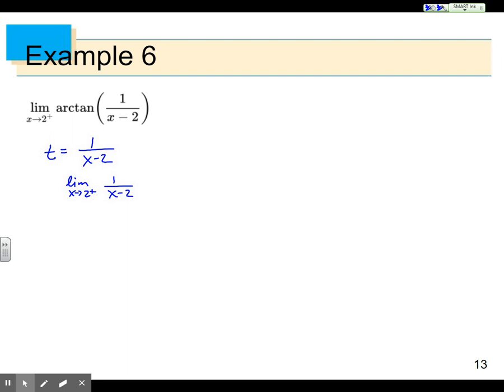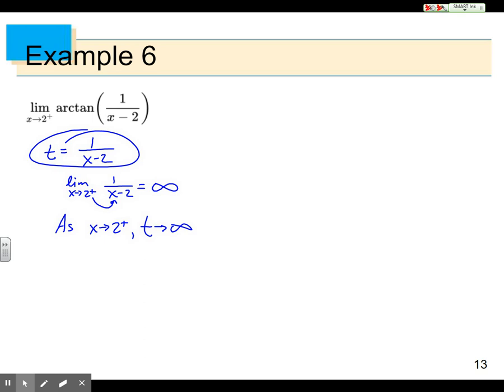So x approaches 2 from the right would be like plugging in 2.01 for this x. I get 1 divided by something really small, making it so this blows up. So as x approaches 2 from the right, my whole function right here, t, approaches infinity.